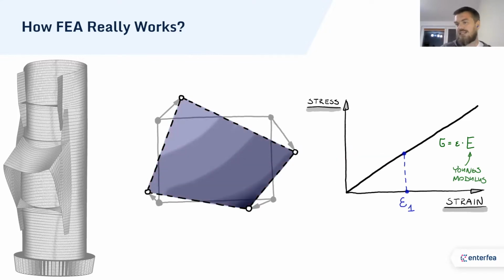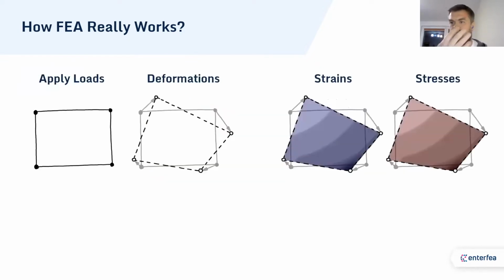And based on those strains, since you have a linear material law, you will be able to calculate stresses. So effectively, we had four things. Firstly, we applied loads. Then, as a user, you click solve, and the solver does the calculations. Firstly, it calculated deformations. Based on the deformations, each element got strains, and then based on those strains, each element got stresses.